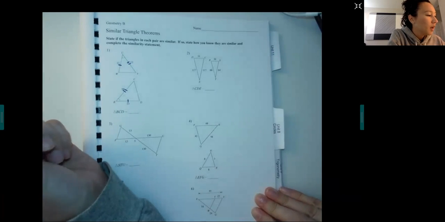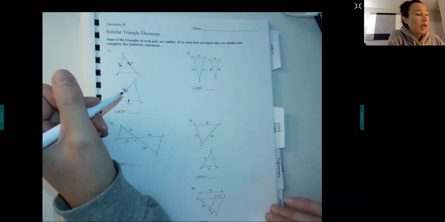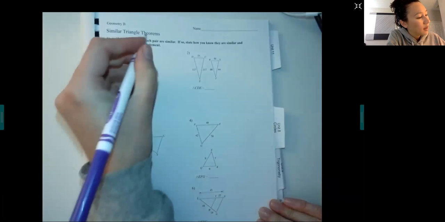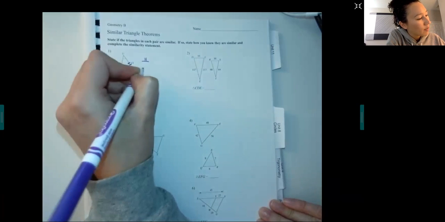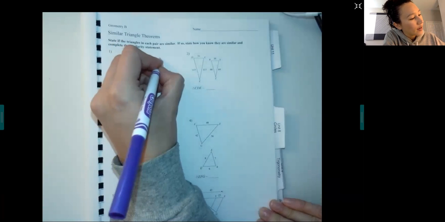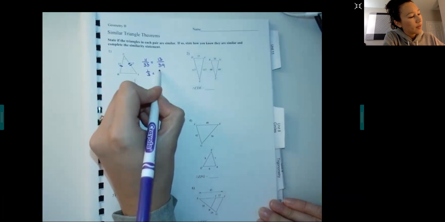So we need to see if the sides are proportional. We would set up 11, which corresponds to the side of 33, and then 13 over 39. So this is 1/3, and 13 over 39 is 1/3.